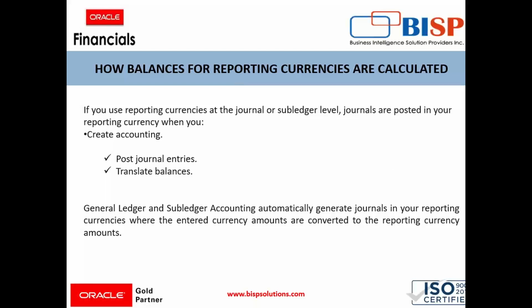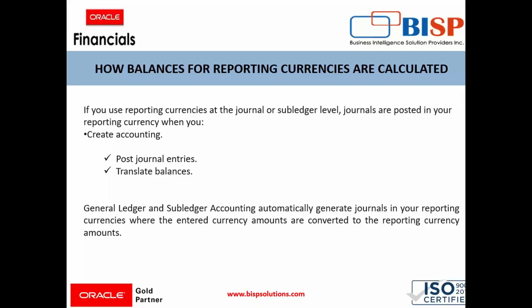How are balances for reporting currencies calculated? If you use reporting currency at the journal or subledger levels, journals are posted in your reporting currencies when you create accounting, post journal entries, or translate balances. General ledger and subledger accounting automatically generate journals in your reporting currencies, where the entered currency amounts are converted to the reporting currency amount.